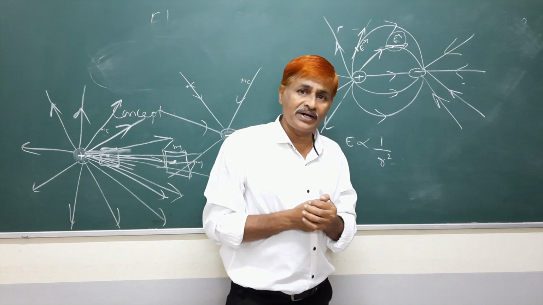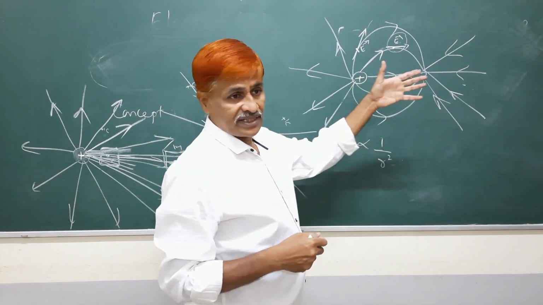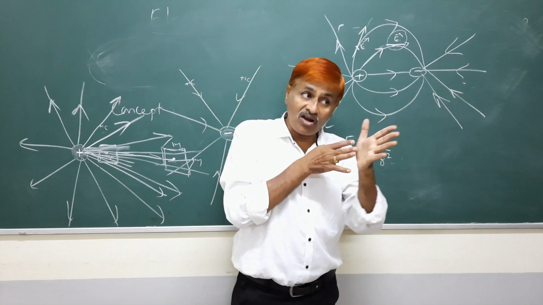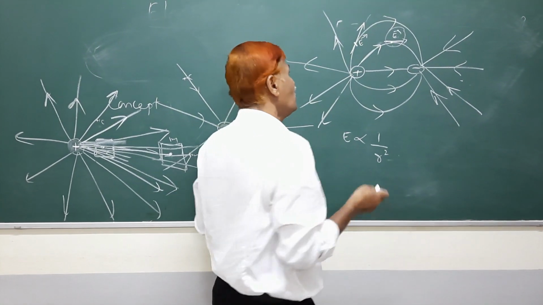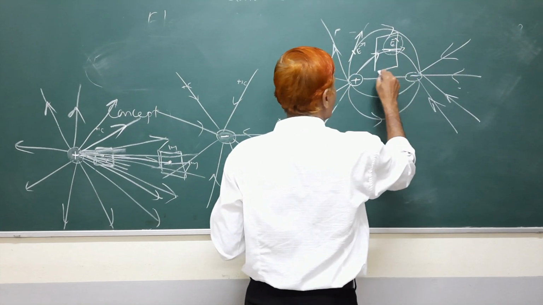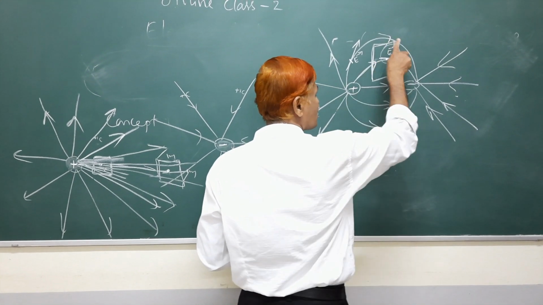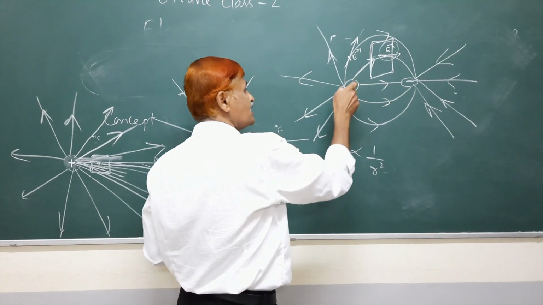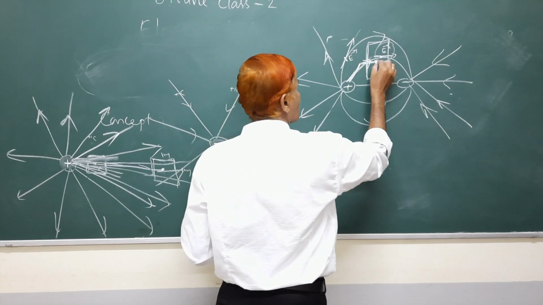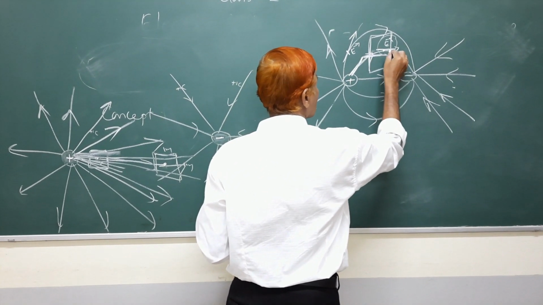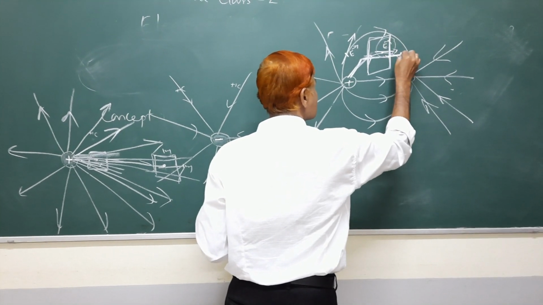And one more property: they always enter the surface along the normal and leave the surface along the normal. If I place some material here, they always enter along the normal and leave the surface along the normal to the surface.